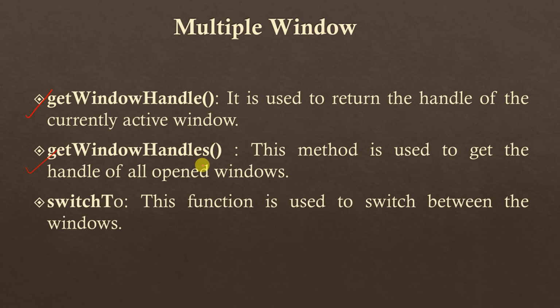Technically, a Set of String means all the session IDs, all the IDs for the parent including child windows, everything you will get in the getWindowHandles method. And then, just to switch, we can apply the switchTo method.